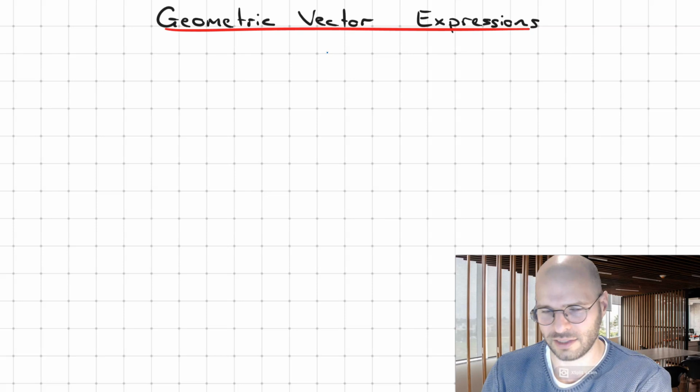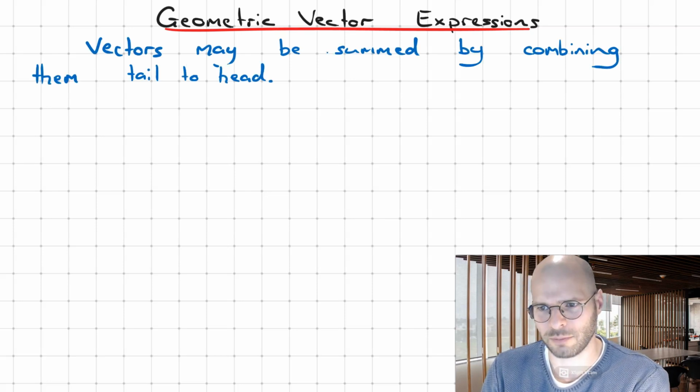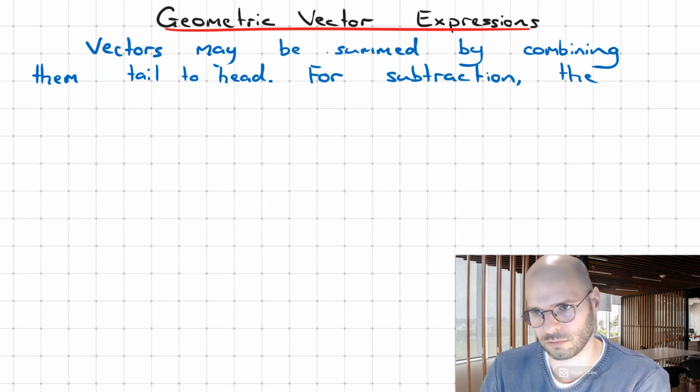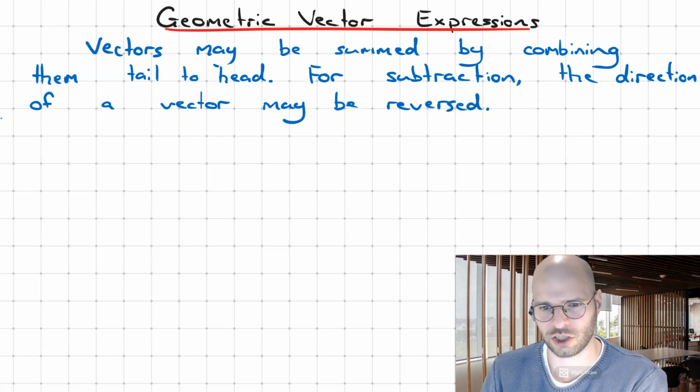So, to summarize, vectors may be summed by combining them tail to head. For subtraction, the direction of a vector may be reversed.